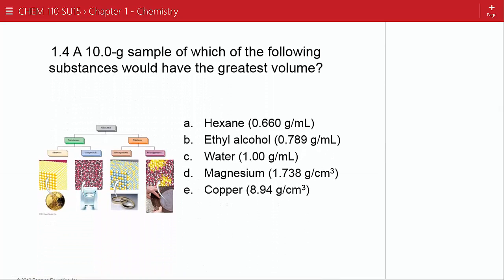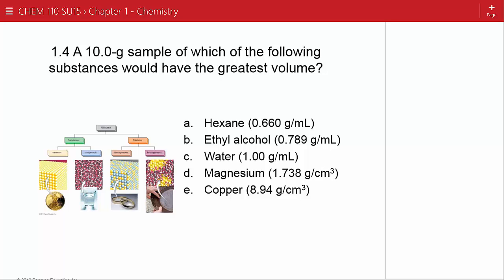A 10-gram sample of which of the following substances would have the greatest volume? So let's think about this just theoretically. If you're really, really dense, do you take up much volume? No, but if your density is really low, that means you take up a lot of volume.